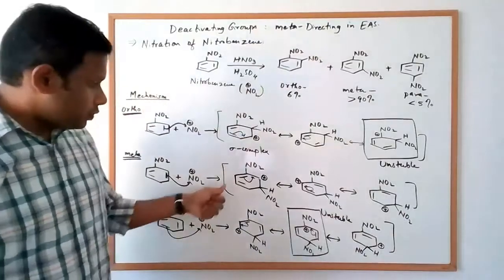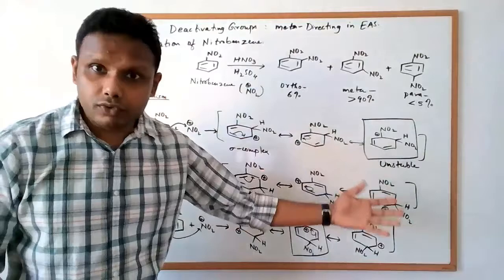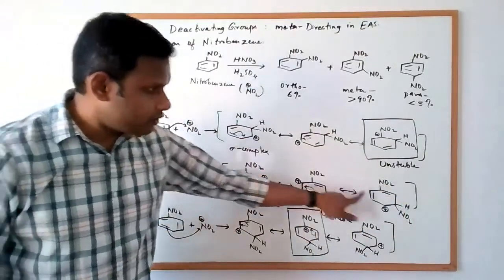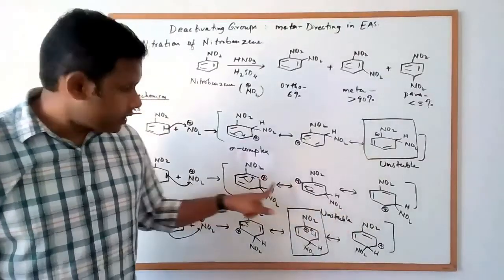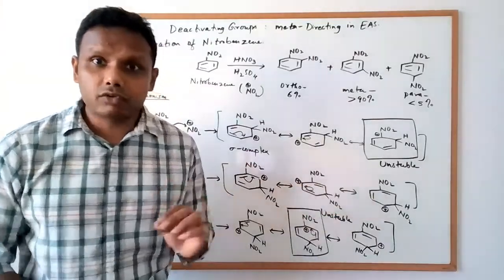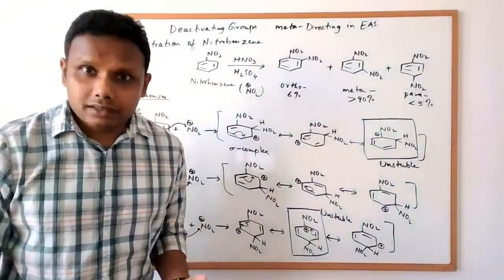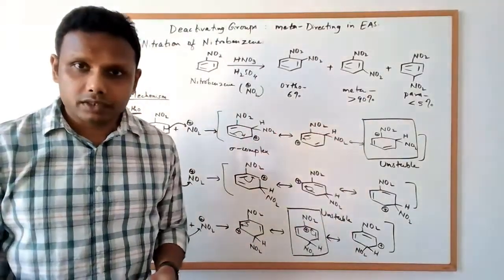Now, when you look at the resonance forms for the sigma complex that leads to the formation of the meta product, what you notice is that in each of these resonance forms, the carbocation avoids that carbon which bears the nitro group. It is never formed on that carbon, which means it is not as destabilized as the ortho and the para sigma complexes.